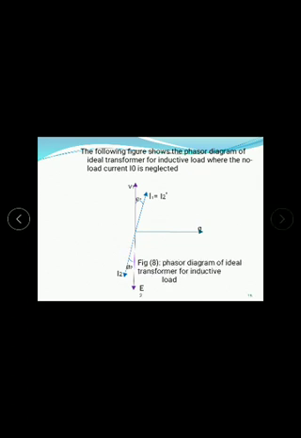In inductive load, the no load current is 2 to 5% of the rated or full load current, so it can be neglected. Therefore, I1 is equal to I2 dash.